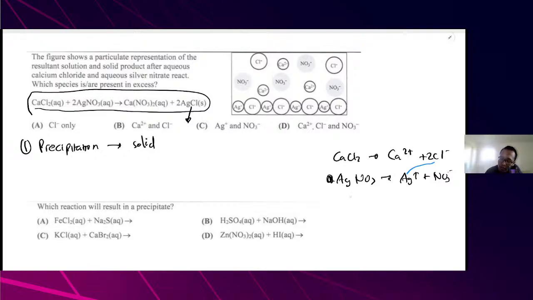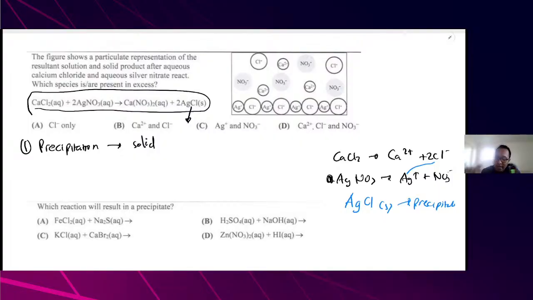It will form a solid, AgCl, so it precipitates. Which species is present in excess?